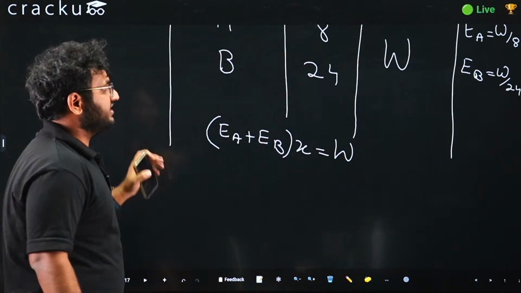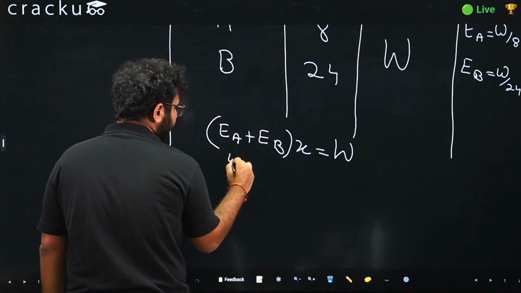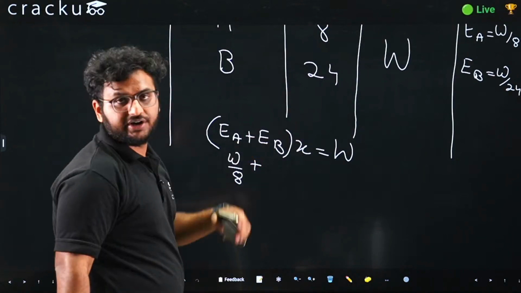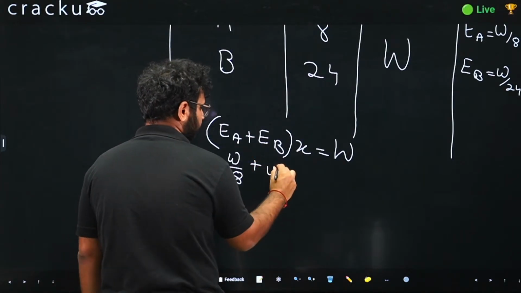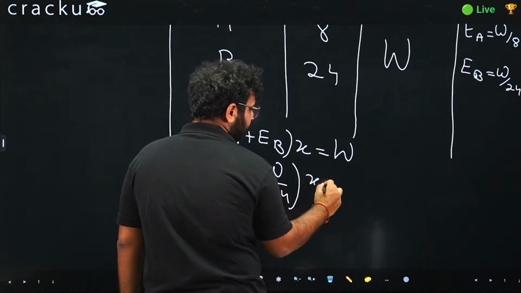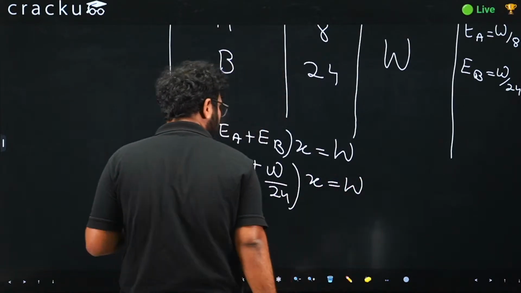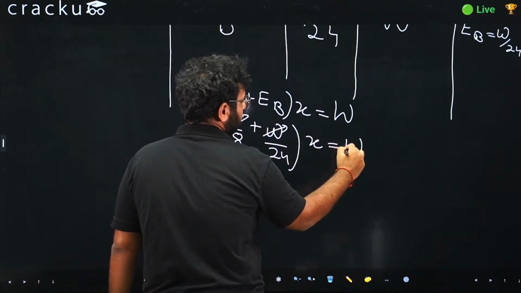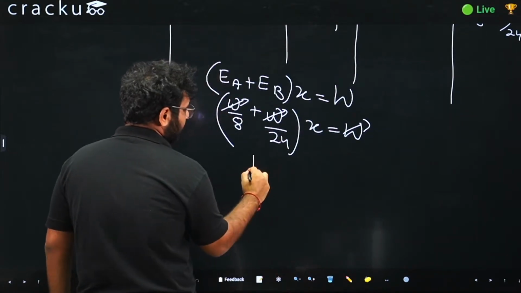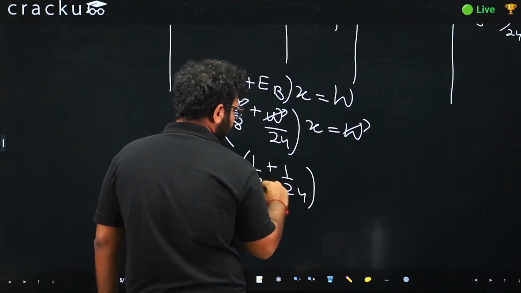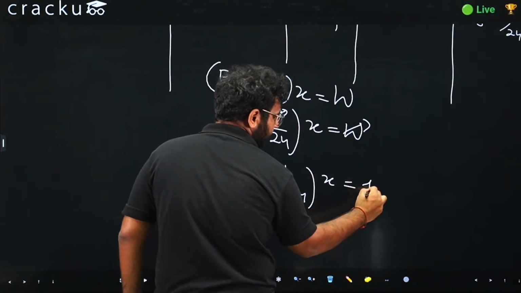Efficiency of A is W by 8, plus efficiency of B is W by 24, into X is equal to W. Now I will cancel this W, so we get 1 by 8 plus 1 by 24, into X, is equal to 1.